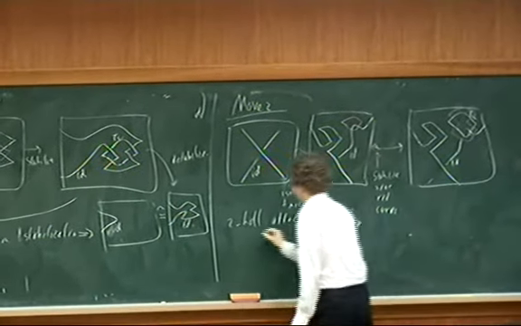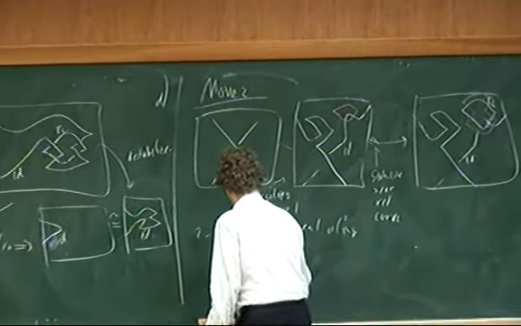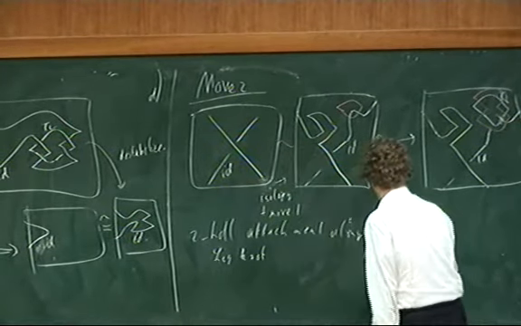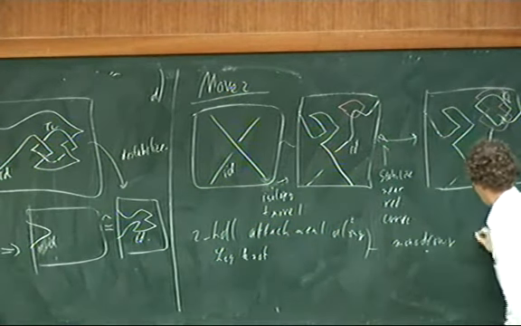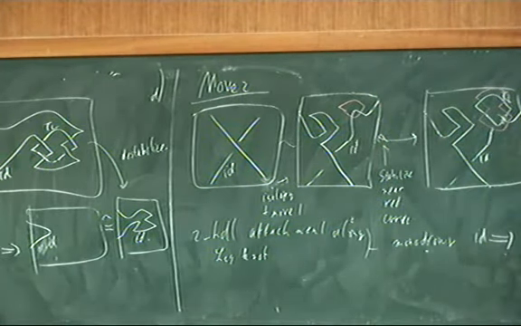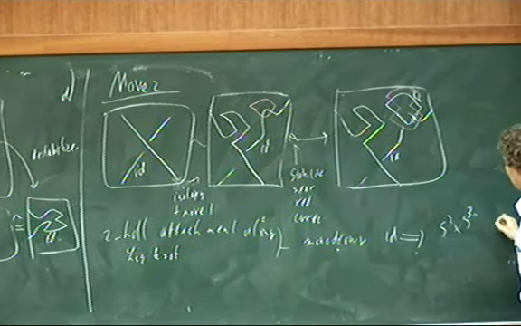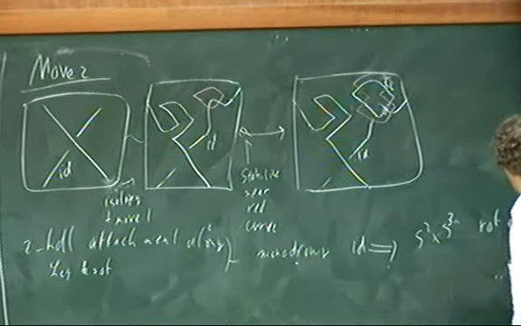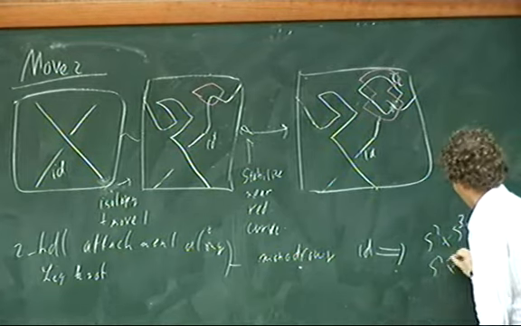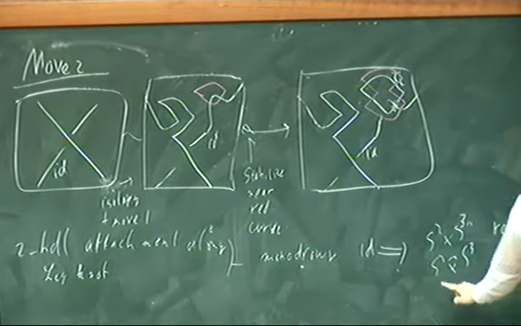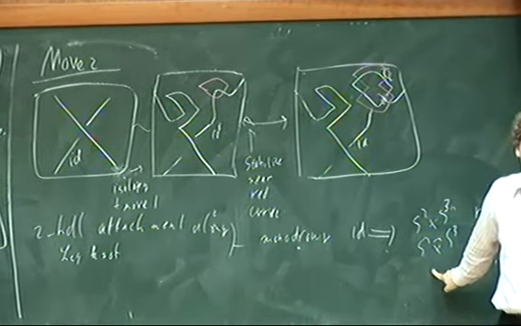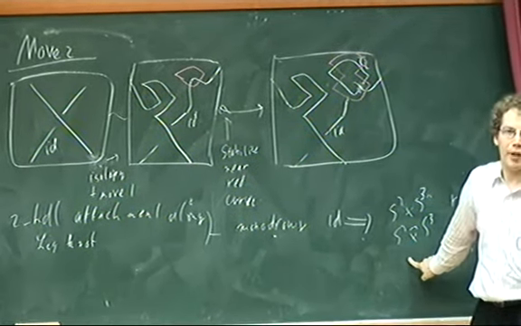You always get S^2 times S^3 if the rotation number is even, and you get the non-trivial bundle if the rotation number is odd. And actually, the Chern class is a full invariant. The rotation numbers are a full invariant.